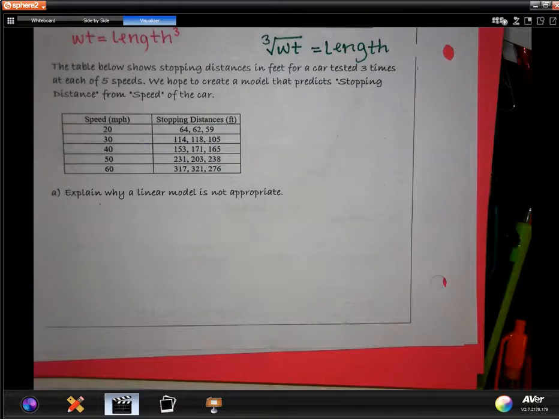Ooh, a marker. What should I draw? I'm not good at drawing. That's me, I can tell.